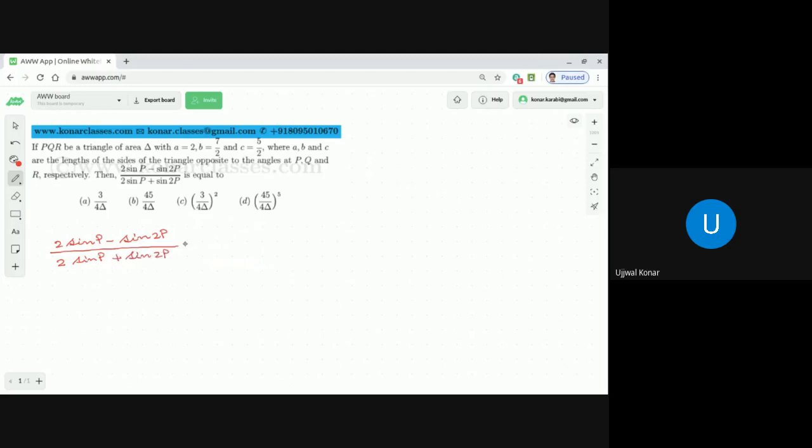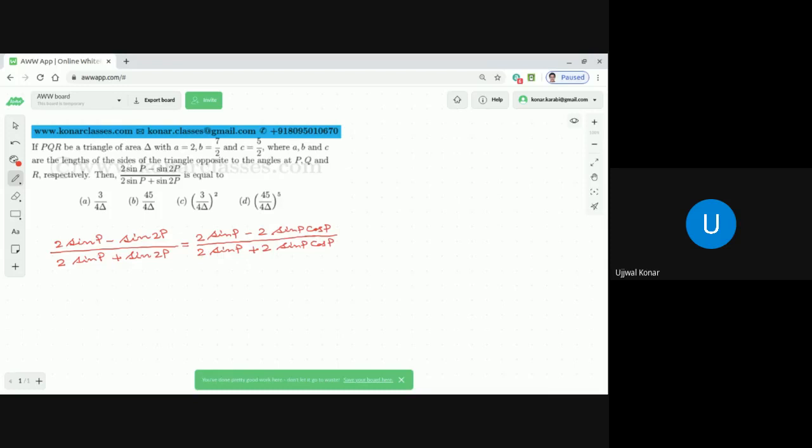plus sin 2P. So we can simplify it something like this: 2 sin P minus sin 2P is 2 sin P minus 2 sin P cos P, divided by 2 sin P plus 2 sin P cos P. Correct, dear students?